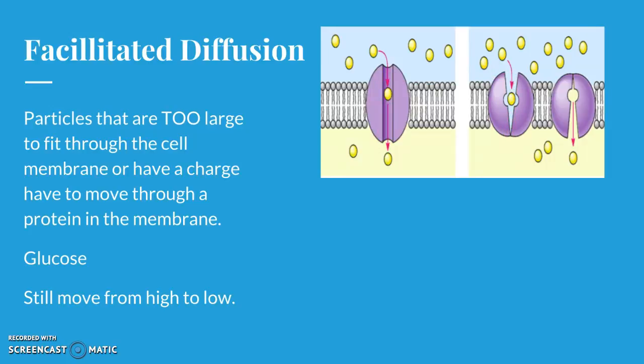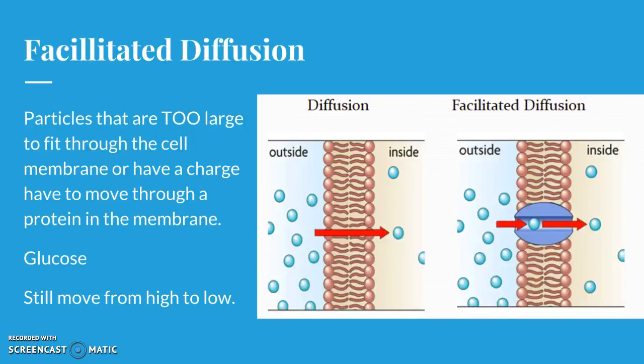It still requires no energy. It still is passive transport. It just is using a protein. If you look at this image comparing facilitated diffusion with regular diffusion, the only difference you're going to notice is that there's a protein in facilitated diffusion.